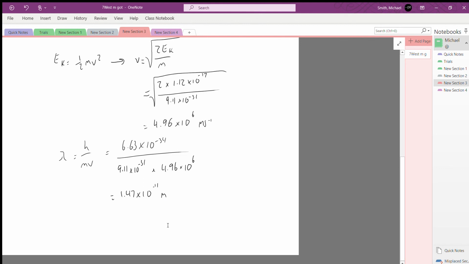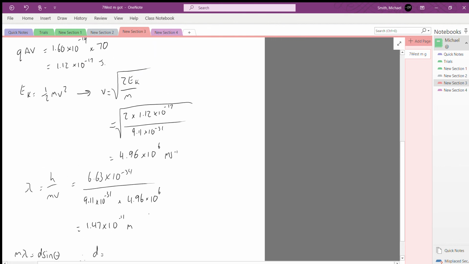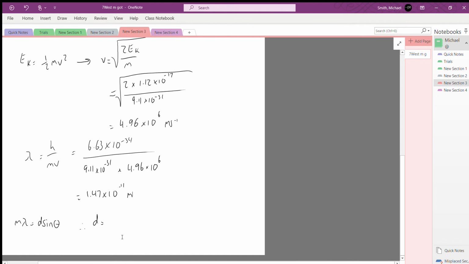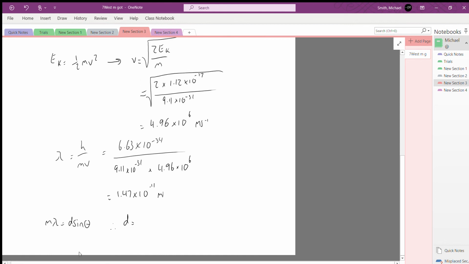Our last step, m lambda equals d sine theta, therefore d equals m lambda divided by sine theta. In this case, since it's the first maxima that's observed, m is just 1.